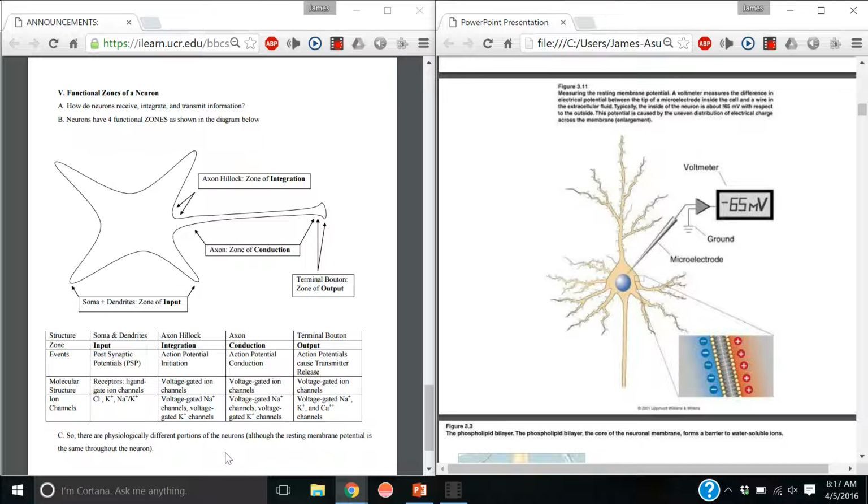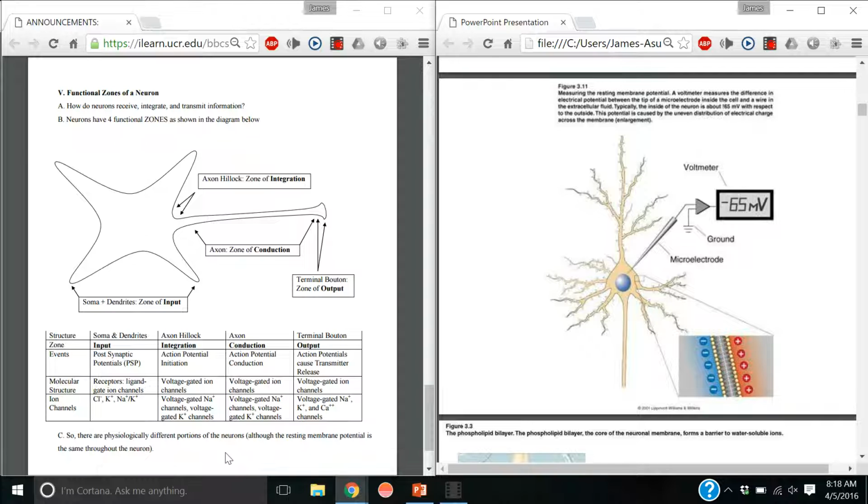In the axon hillock and the axon, you have two types of voltage-gated channels. One of those types of voltage-gated channels is permeable to sodium. The other type of voltage-gated channel is permeable to potassium. That's true in the axon hillock. That's true in the axon itself. Basically, those channels are identical.